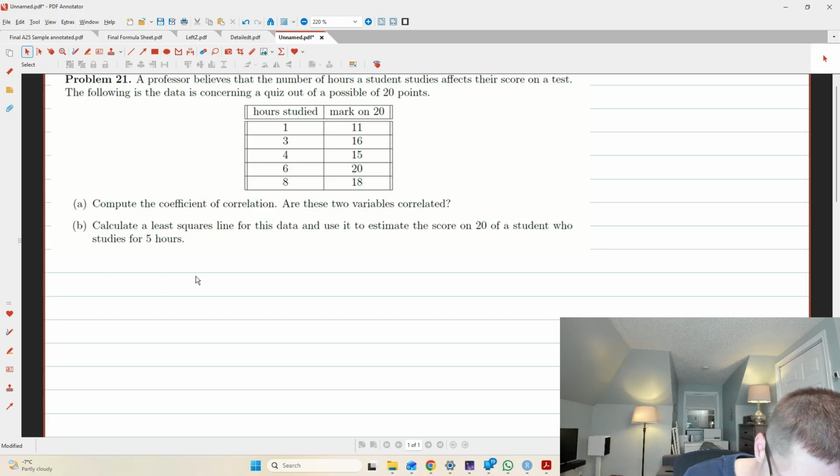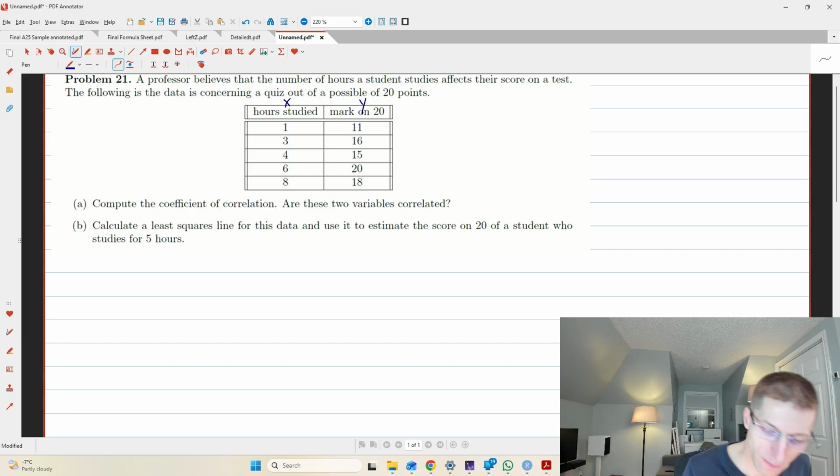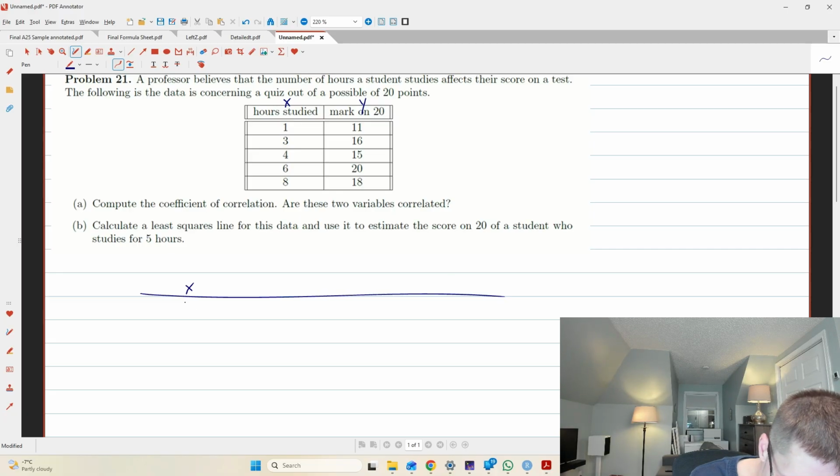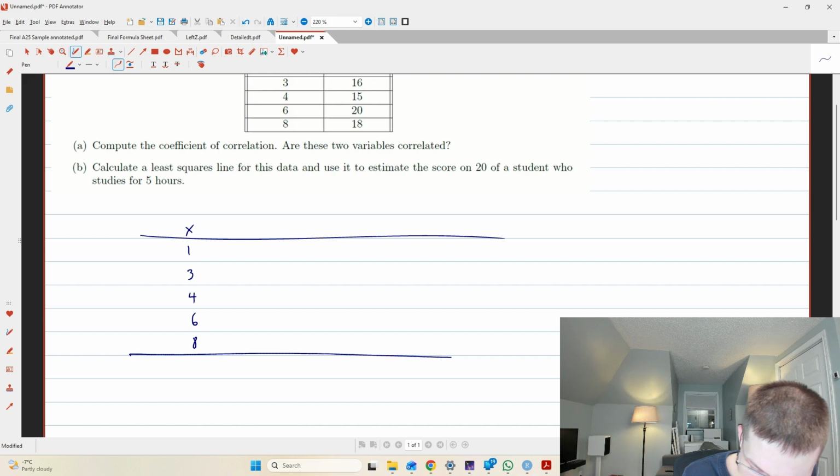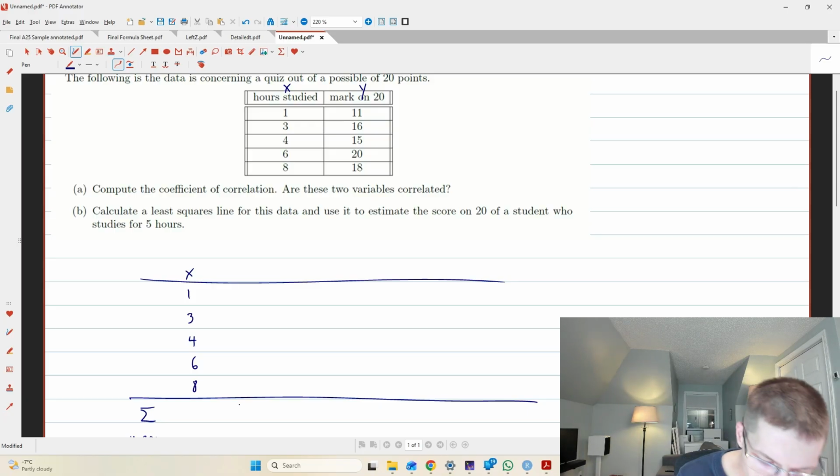So X is hours studied, and their mark out of 20 is Y. Let's do X: 1, 3, 4, 6, and 8. At the bottom, I'll do the sum, and I'll also do the mean for X bar and Y bar, not for the other ones, just for those two.